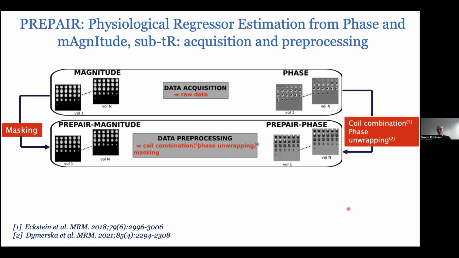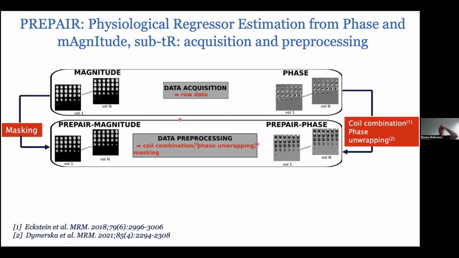They always need timing with the EPI sequence, which may or may not be well integrated with the sequence. So what we want to do here is to try and get as much physiological information as possible from the magnitude and phase data. And the reason we think that phase might be useful in this context is that we know that the phase or the field in the head is changed by respiration.